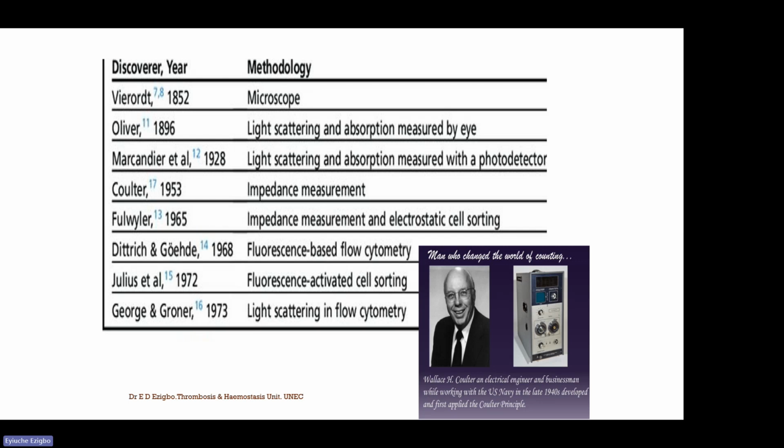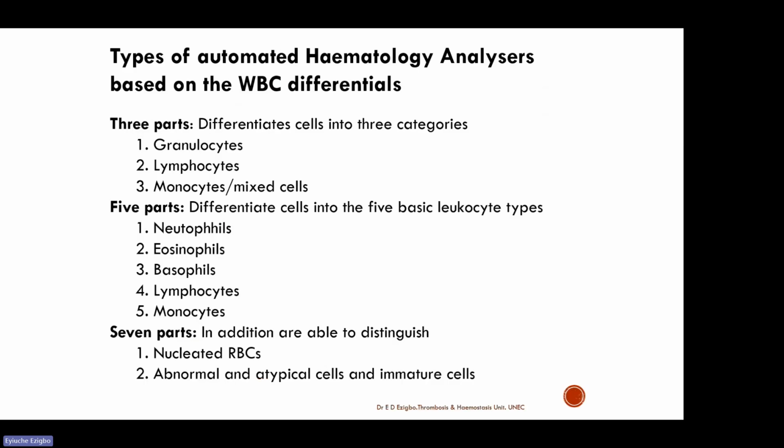We have light scatter and absorption measured by eye, with the eyes. There were a whole lot of improvements on the machine that were invented, with subsequent improvement in technology, accuracy and precision to count more cells. That's the historical development. We still have a long way to go, so we may have to be fast.